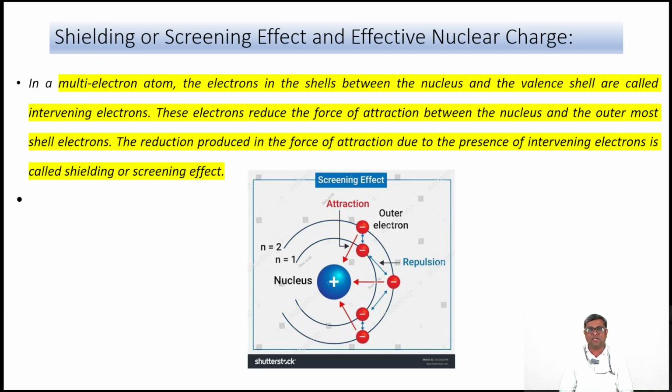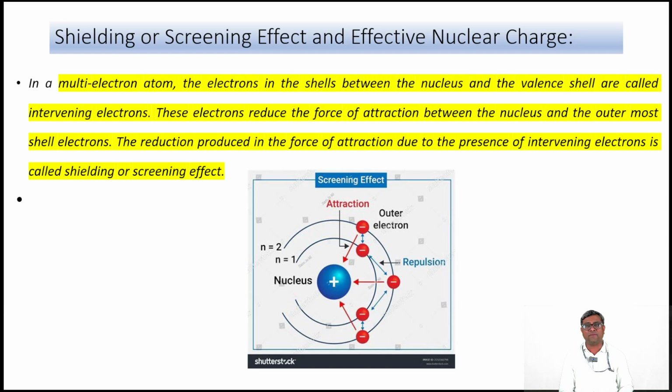These intervening electrons minimize the force of attraction between the nucleus and the outermost electron. So, the reduction produced in the force of attraction due to the presence of intervening electrons is called shielding or screening effect.